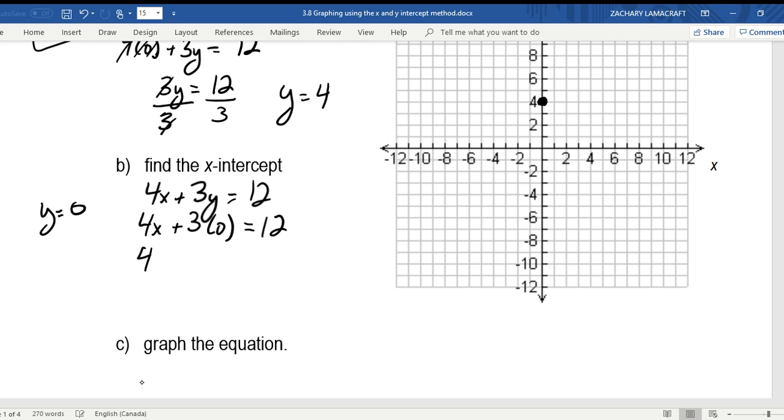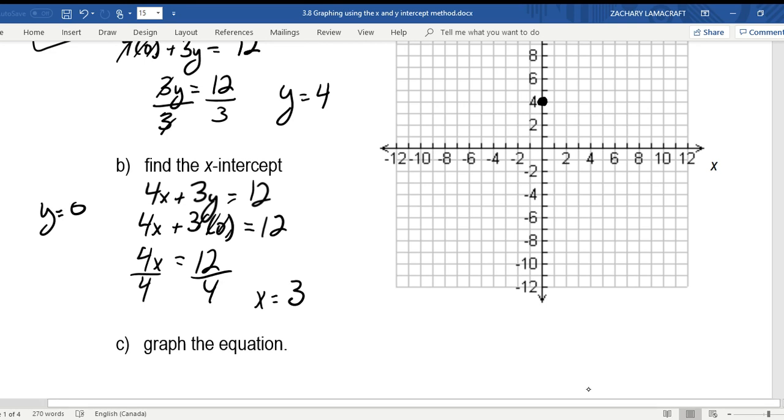If we multiply 3 by 0, it would just be 0. So it'd be 4x is equal to 12. To get x, it would be 12 divided by 4, giving us the answer of 3. Therefore, our x-intercept would be at 3.